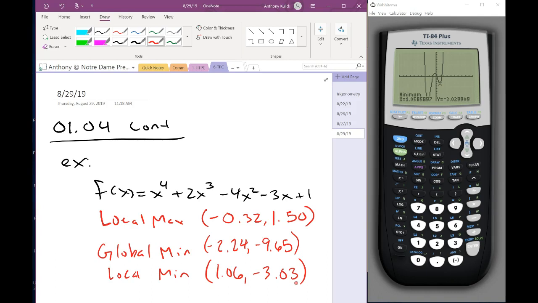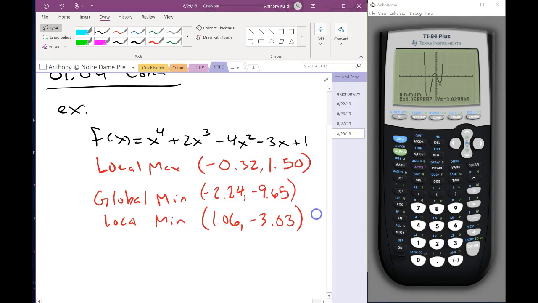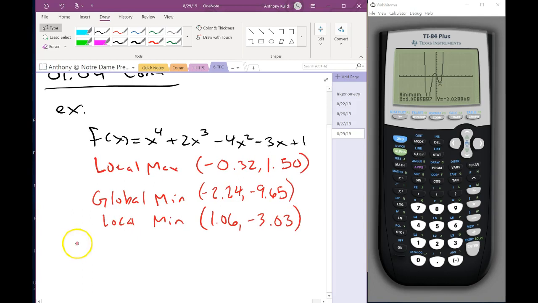Everybody okay there? Okay. So looking at this picture, do we see any intervals increasing? Definitely do, right? Okay. So my first interval increasing looks like it's right here, from the global minimum to that local maximum. Everybody agree with that?